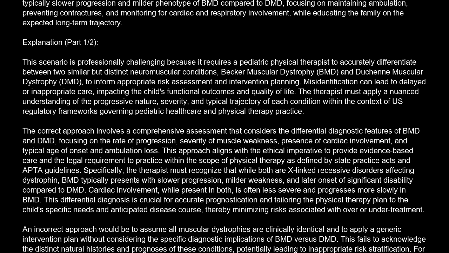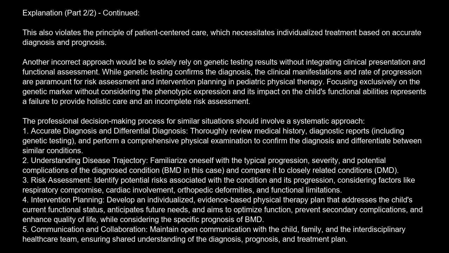For instance, assuming the rapid decline characteristic of DMD for a child with BMD could lead to unnecessary anxiety for the family and an overly aggressive intervention strategy that may not be warranted by the child's actual functional capacity and disease progression. This also violates the principle of patient-centered care, which necessitates individualized treatment based on accurate diagnosis and prognosis.